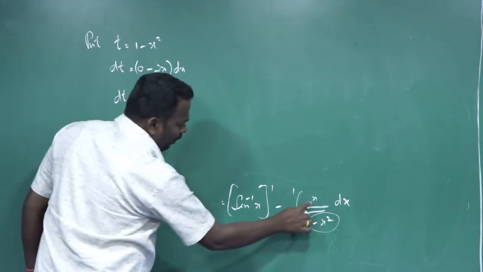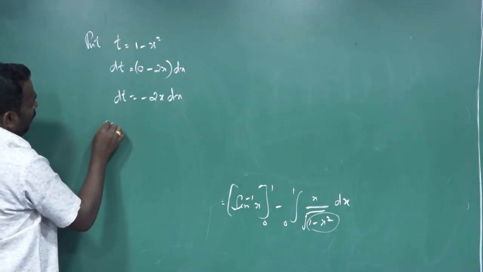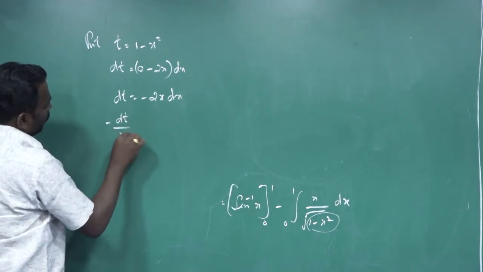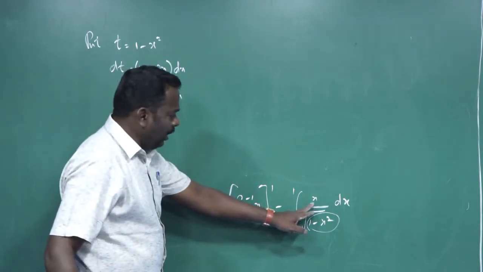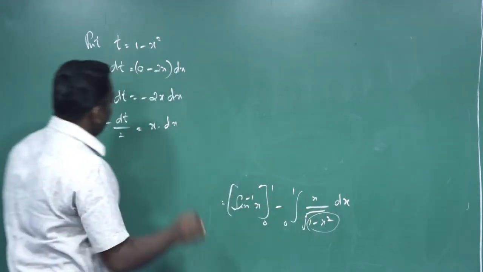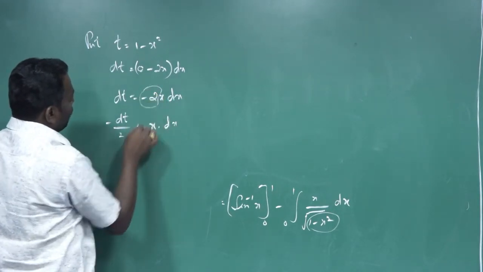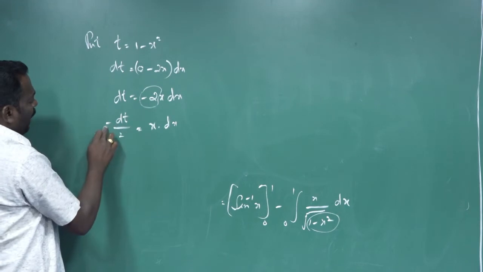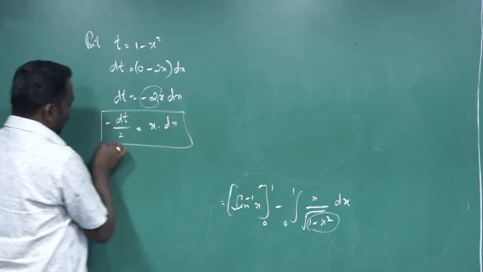Now in the numerator we have x dx, so transferring the minus 2 to the left-hand side, minus dt by 2 is equal to x dx. In the second integral, the numerator has x dx, but we have minus 2 into x dx, so we transfer minus 2 to the left-hand side; therefore minus dt by 2 is the x dx value.